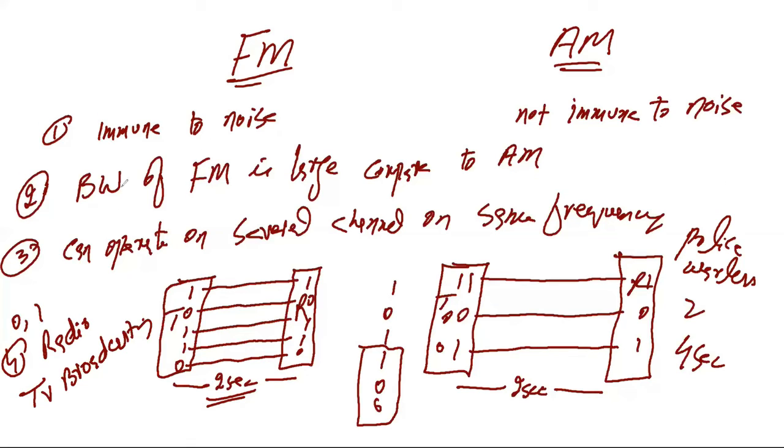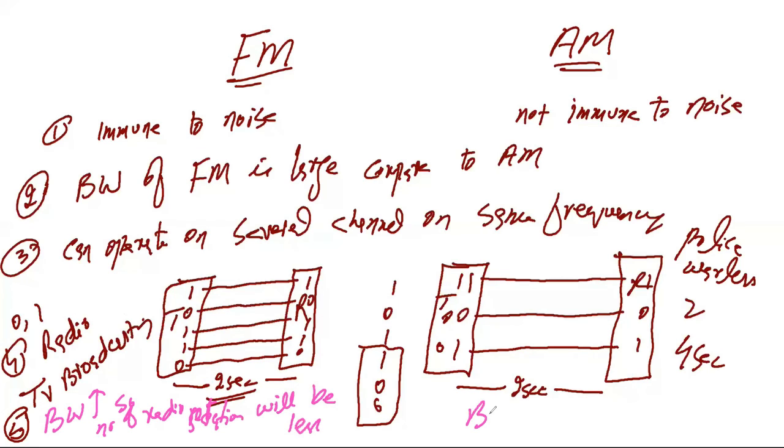Here the bandwidth is large, so the number of radio stations will be low. Later, after this, we will do numericals, and there you will get to know how the number of radio stations is high or low. As the bandwidth is high, the number of radio stations will be less.